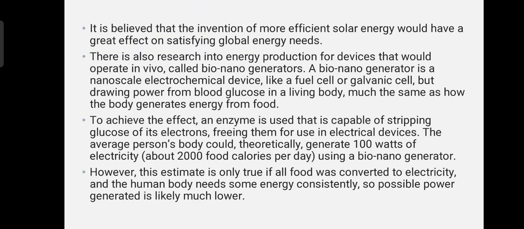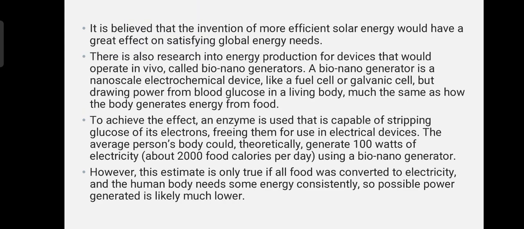There is also research into energy production for devices that would operate in vivo, called bio-nano generators. A bio-nano generator is a nanoscale electrochemical device like a fuel cell or galvanic cell, but drawing power from blood glucose in a living body, much the same as how the body generates energy from food.